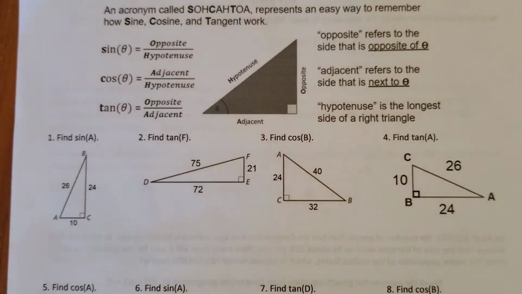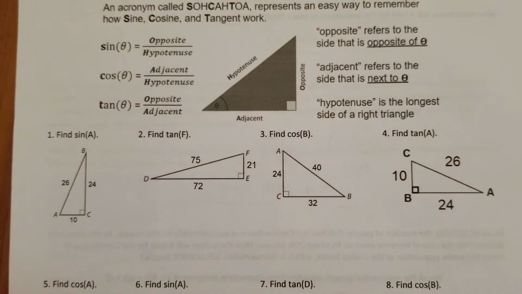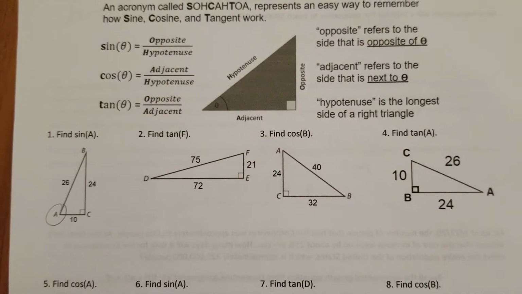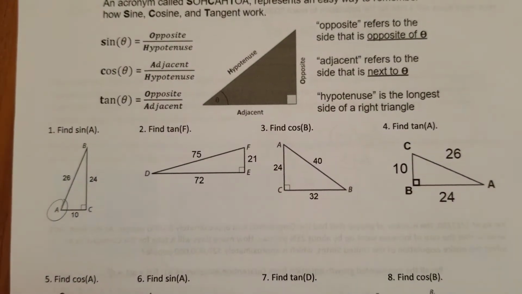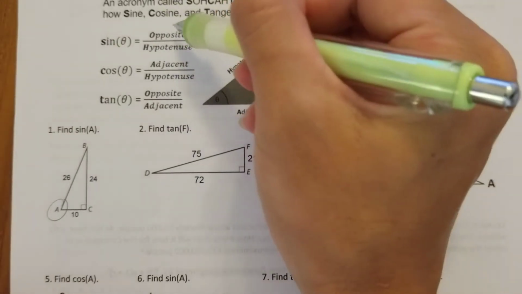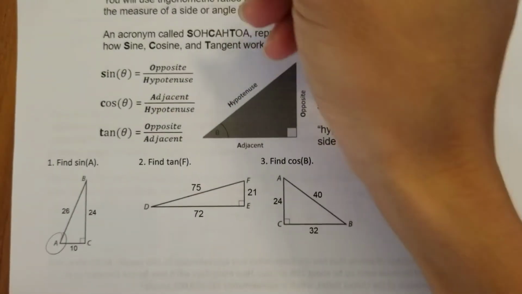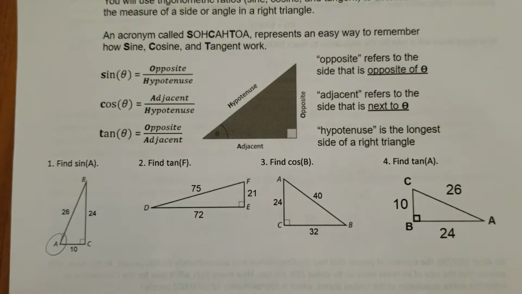Find the sine of angle A. This is my reference angle, angle A. Sine of A is represented by the opposite side and the hypotenuse, so it's the SOH part of SOHCAHTOA.